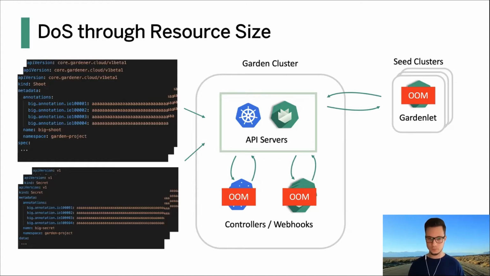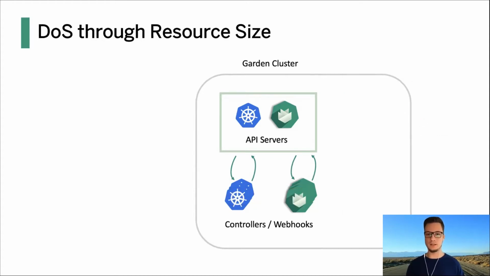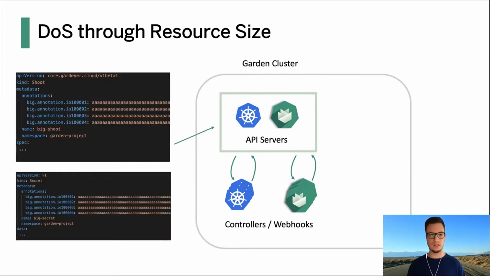So, I would say a quite easy but also effective countermeasure is this: let's say you apply these resources again. They are sent to the API server, and the API server sends them to another component called the Gardener Admission Controller.